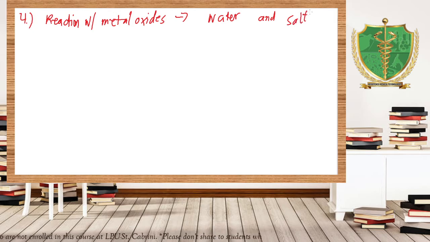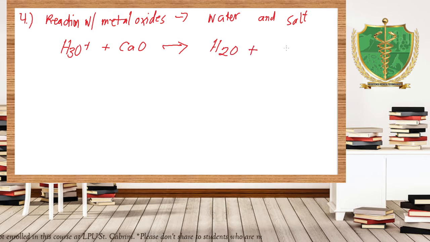Again, it will give us water and salt. Let's say, for example, we have hydronium ion and a reaction with calcium oxide. It will give us water plus calcium salt. It will give us water and calcium salt.